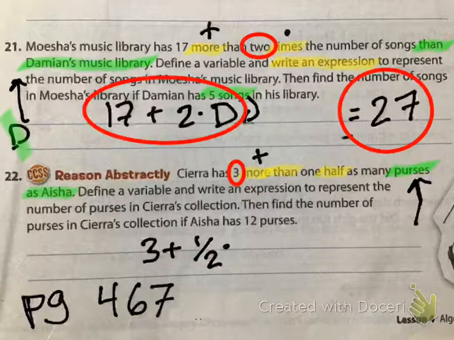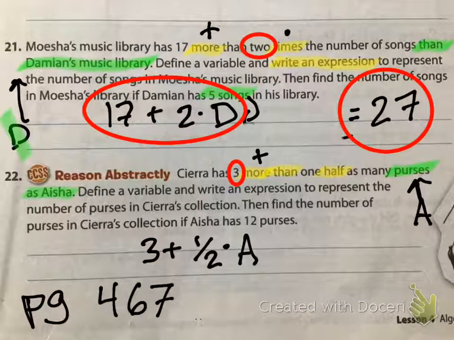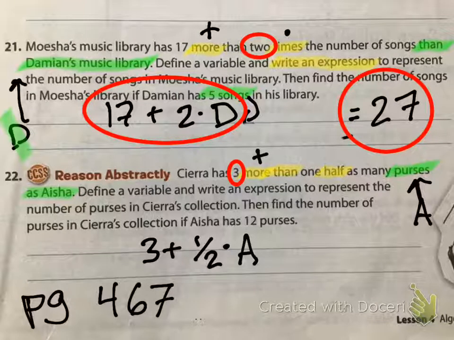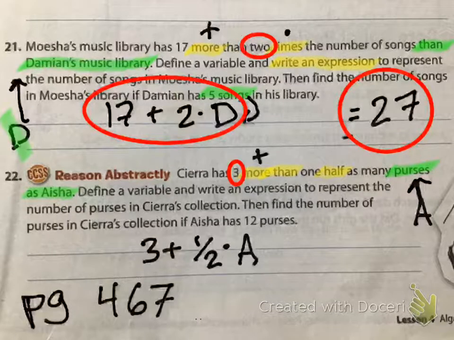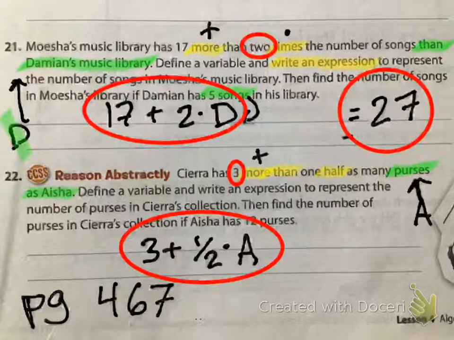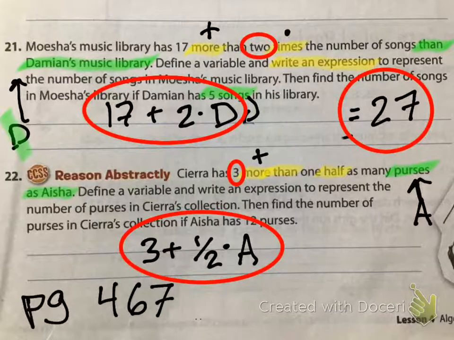So I'm going to make it an A. That's me defining my variable. So I plug it in. 1/2 as many as Aisha has. So this is what our formula looks like. 3 plus 1/2 A. Like I said, we need this part of our equation in order to continue. We can't leave that out.